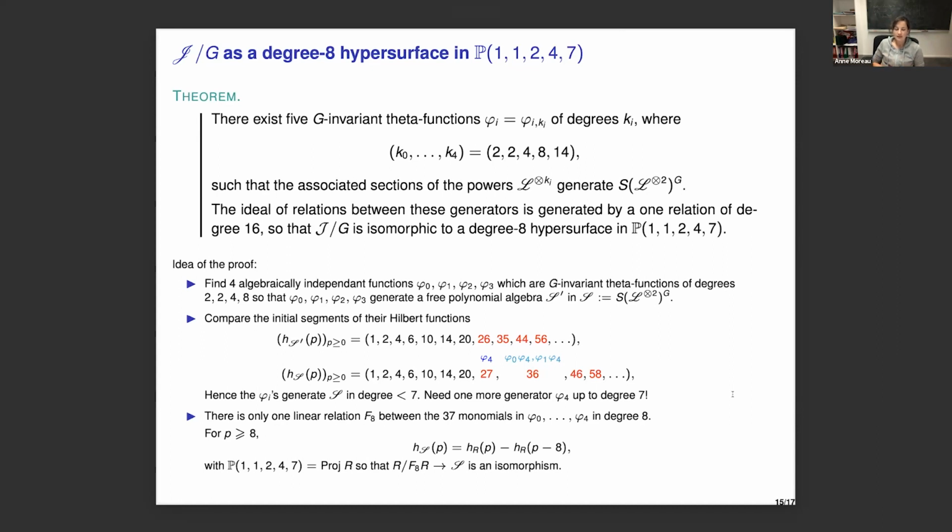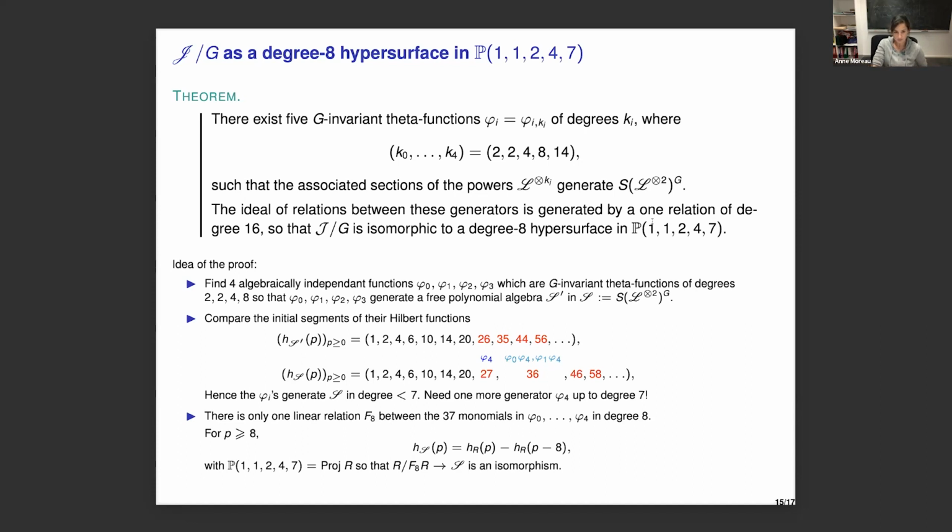Unfortunately, we cannot say exactly what it is, but what we know is that there is one relation. And now it's not difficult to see that if I write my weighted 4-dimensional projective space as the Proj of some graded algebra R, then the natural quotient given by our result is an isomorphism. And so we get the expected result that the quotient is isomorphic to the degree 8 hypersurface in this weighted projective space.